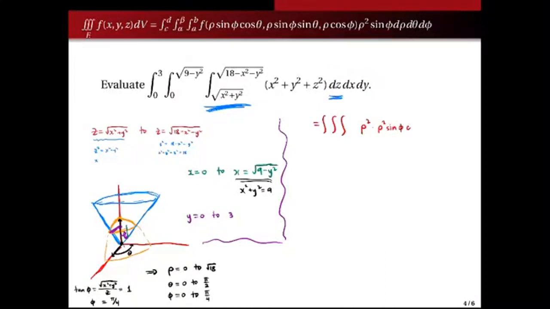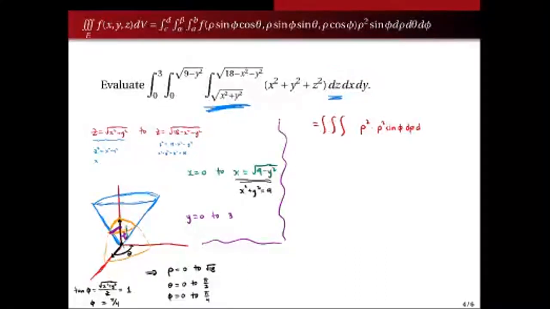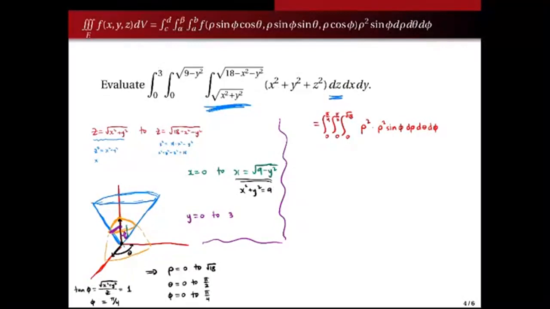In here, I'll write d rho d theta d phi. And again, our rho will run from 0 up to square root of 18. Our theta will run from 0 up to pi over 2. Phi will run from 0 until pi over 4. Happy?